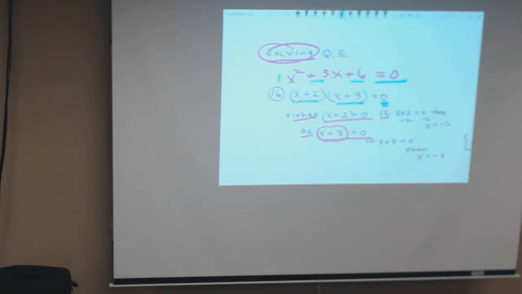So either x plus 2 has to equal 0 or x plus 3 has to equal 0. So if x plus 3 is 0, then x would equal negative 3, right? If x plus 2 was 0, x would equal negative 2. Everybody follow that?